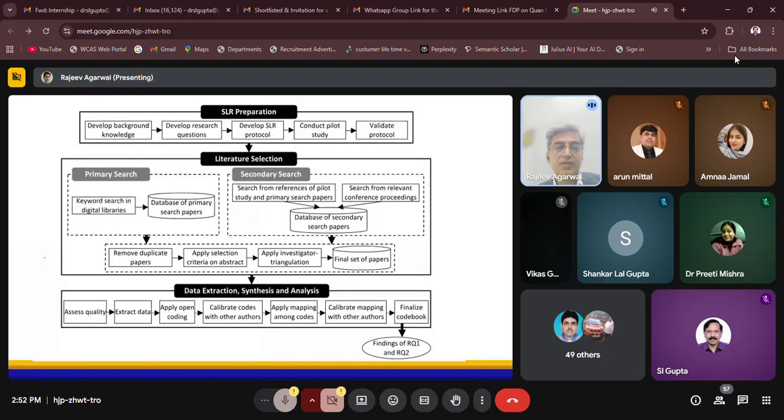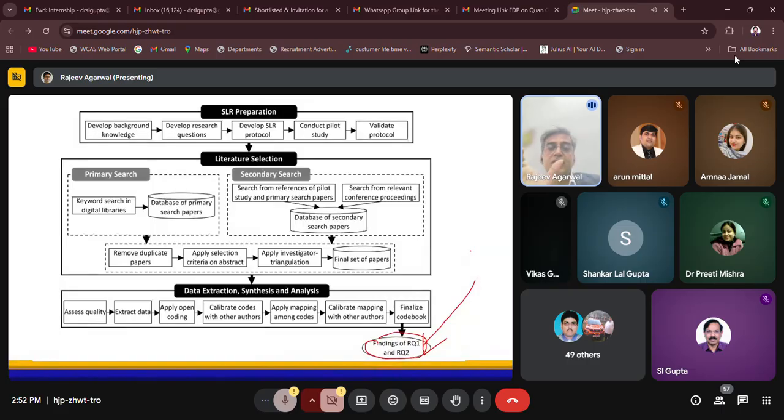So in a nutshell, we want to publish in Q1, Q2, ABDC journals. For this, you need to first understand research questions, RQ.